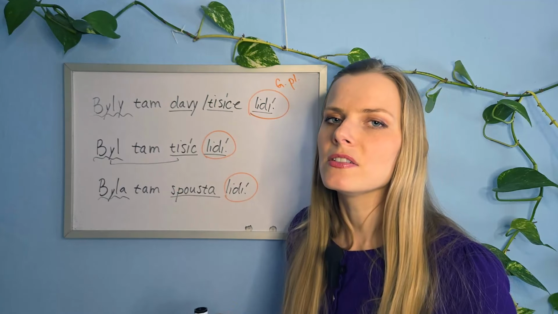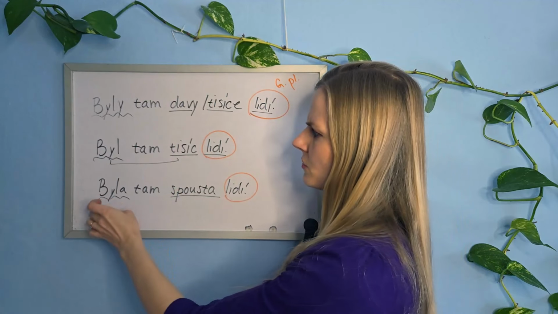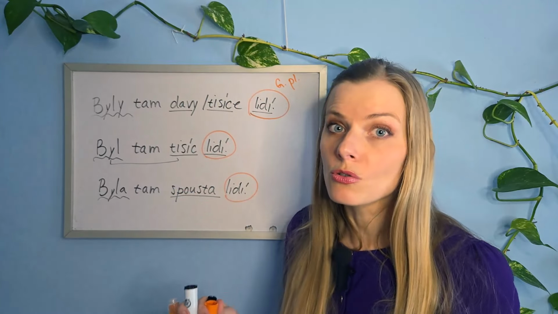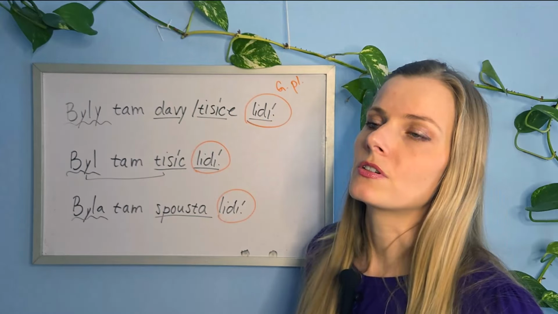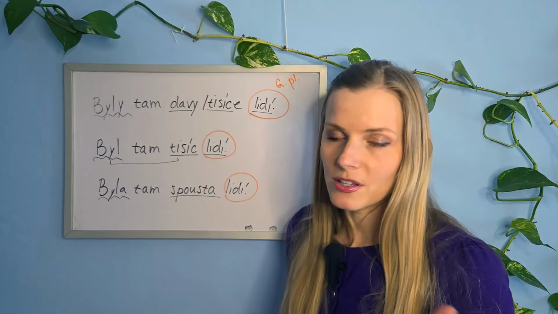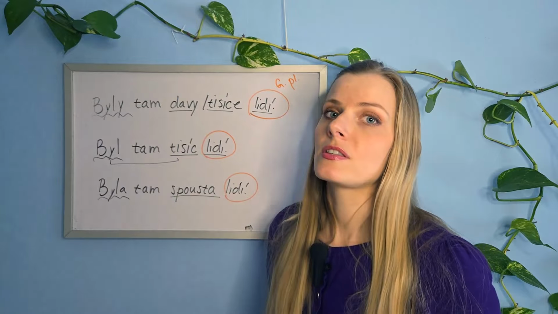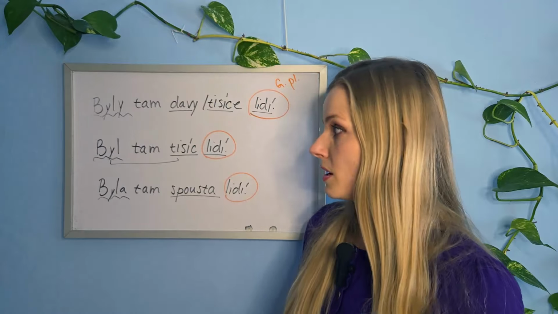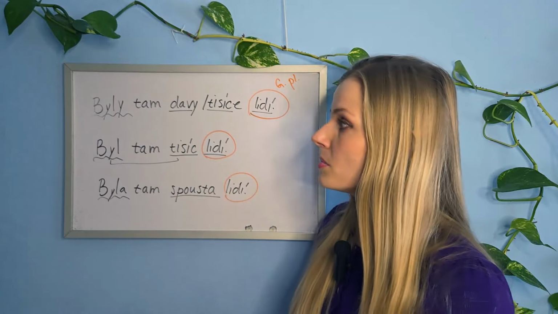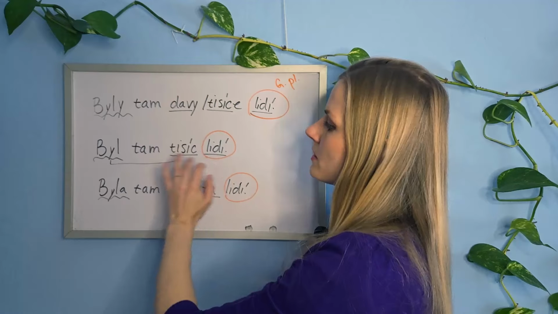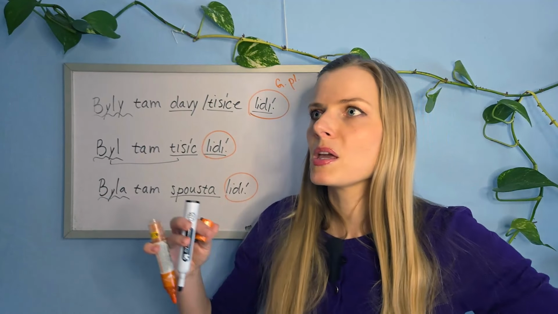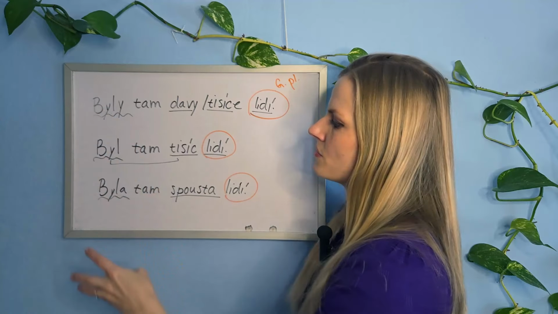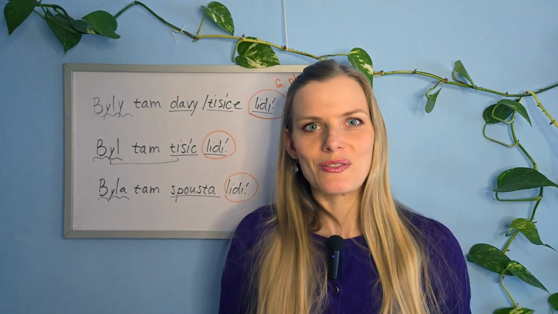Or more like have an idea why the verb would change even though the context is so similar. That's because of the grammar. You can ignore the grammar, it's okay. I like grammar because it helps me understand, and I know that it helps a lot of you as well. But you can also forget about it and just learn the sentences as they are, and then maybe sometime in the future you will be wondering why this is different, and then you can watch this video again.